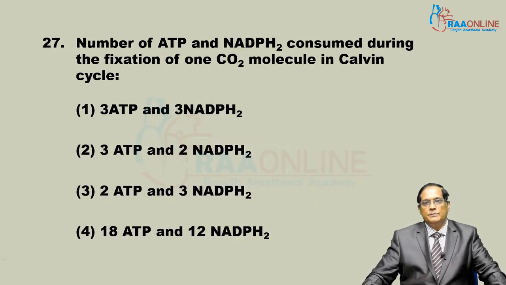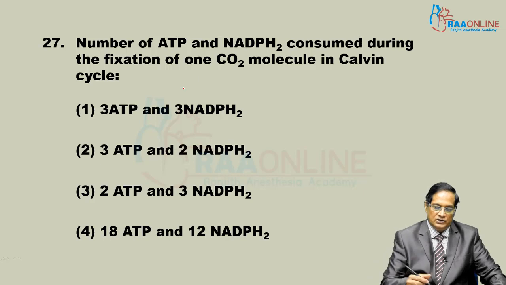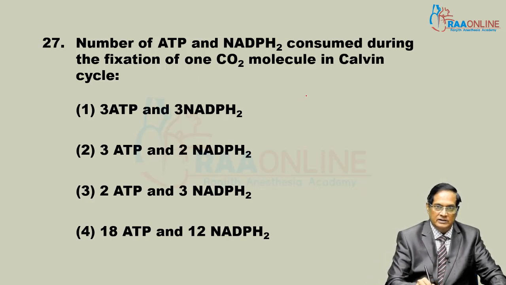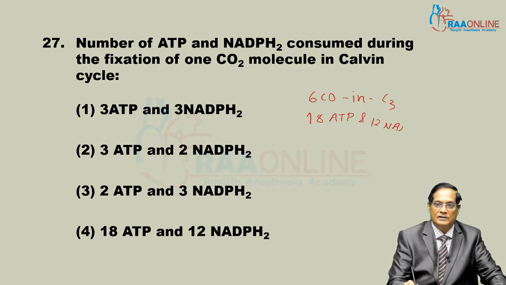The number of ATP and NADPH2 consumed during the fixation of 1 CO2. Actually, for 6 CO2 in C3 plants, 18 ATPs and 12 NADPH2 are required.